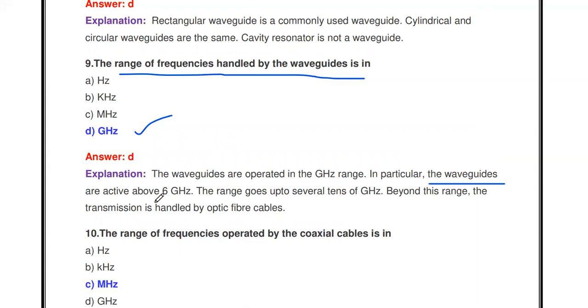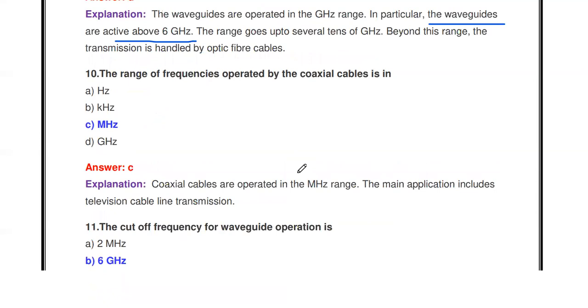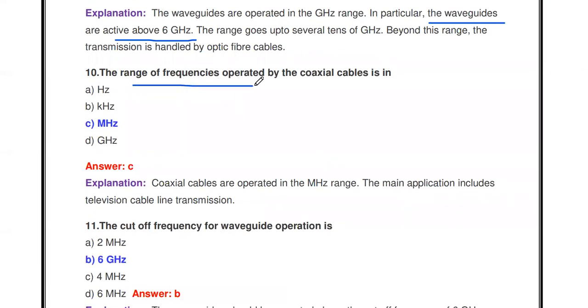In particular, waveguides are active above 6 gigahertz. If you are transmitting a wave above 6 gigahertz, the loss is very low. If you are transmitting a frequency less than 6 gigahertz, there are losses in the waveguide. Then the next one: the range of frequency operated by coaxial cable is dash megahertz.